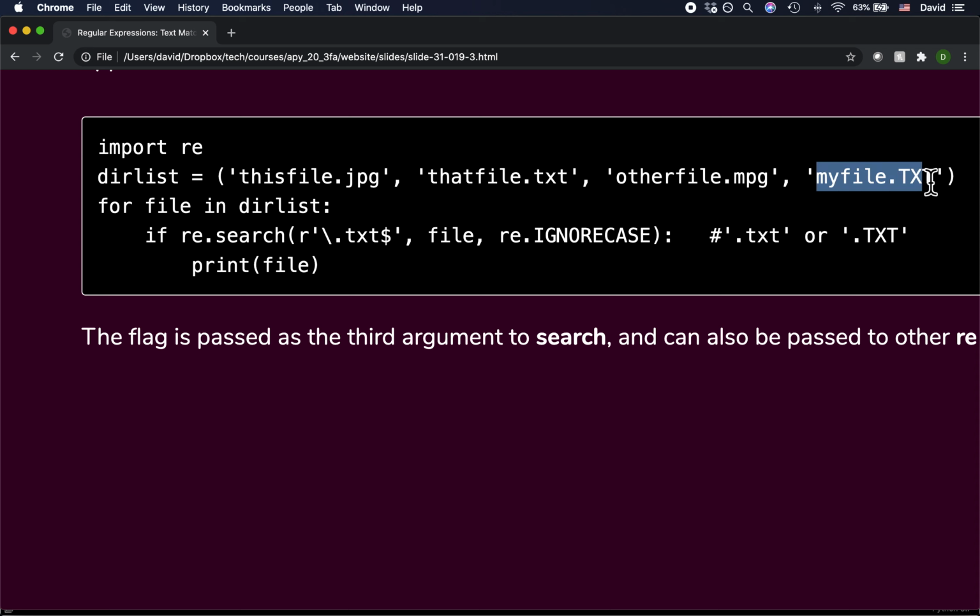But as you can see, our particular listing here has both uppercase .txt and lowercase .txt. And although it might be possible for us to match on that more specifically, we can also say, just make it .txt and let's ignore case. And that's what that third argument is for.